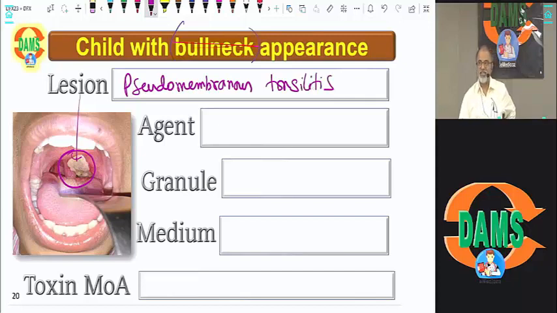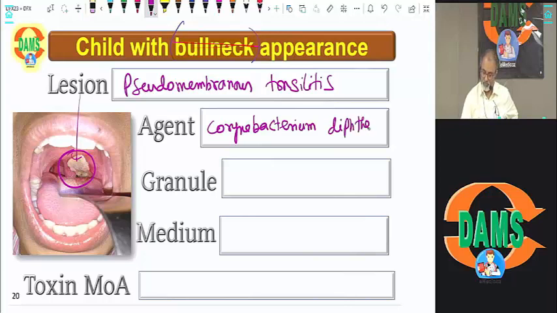What is the agent causing? Corynebacterium diphtheriae. It possesses a typical granule. What is the name of the granule? That is a peculiar feature. The peculiar features for diphtheria, two things. One thing, Chinese letter pattern arrangement.